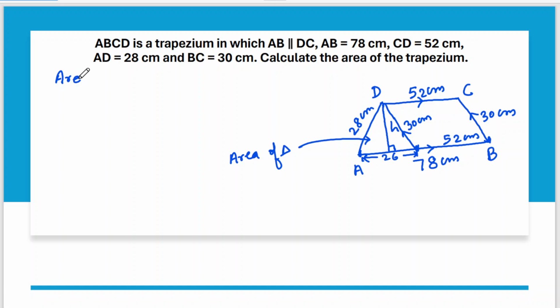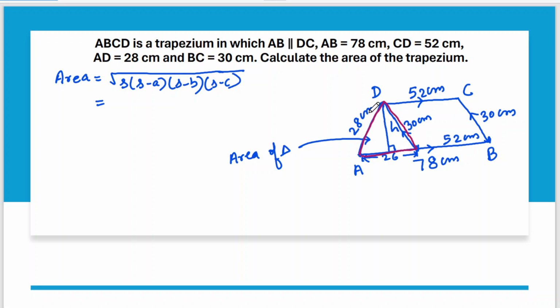We know that the area of any triangle whose three sides we know is under root S into S minus A into S minus B into S minus C. Here S is the semi-perimeter.